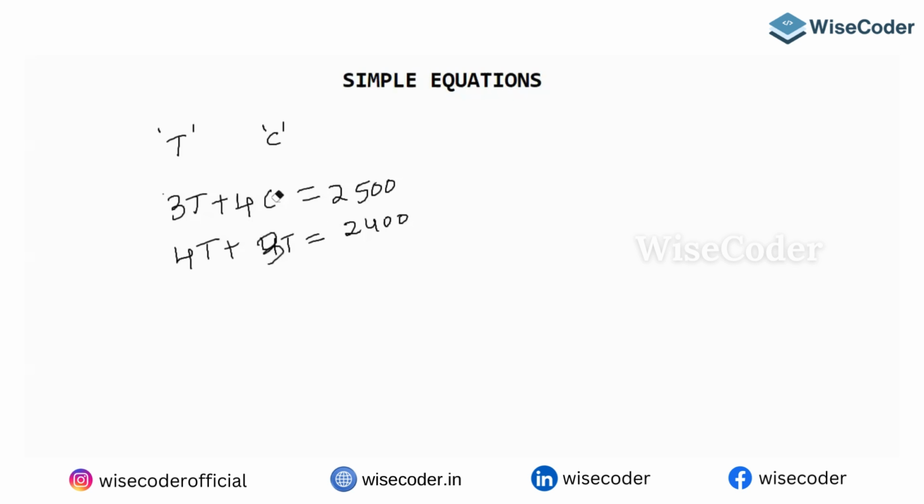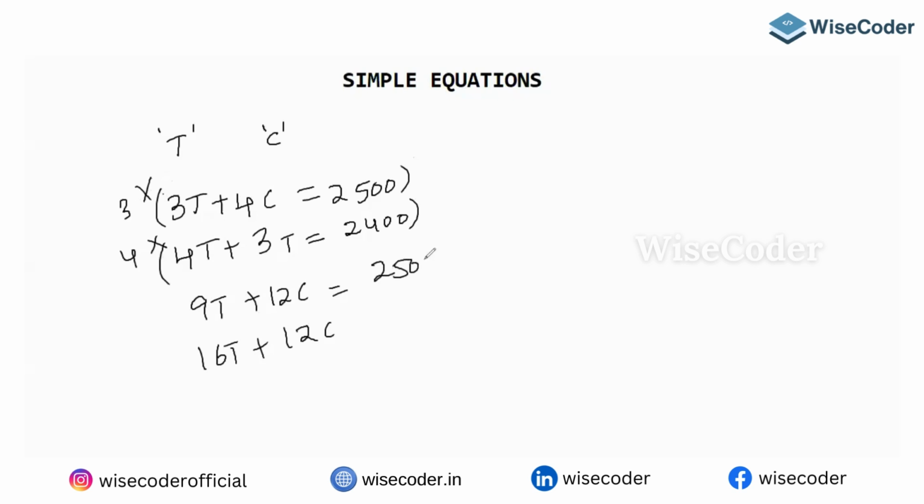If you want the table, eliminate the chair. So the first equation is going to be multiplied by 3, and the second equation is going to be multiplied by 4. 3 3s are 9t, 4 3s are 12c, 4 4s are 16t, plus 12c, which is equal to 2500 into 3, here 2400 into 4.